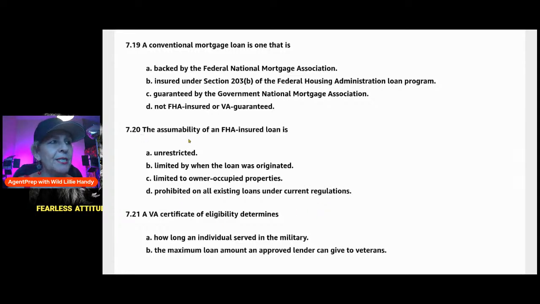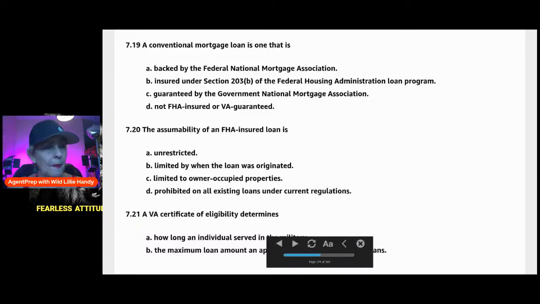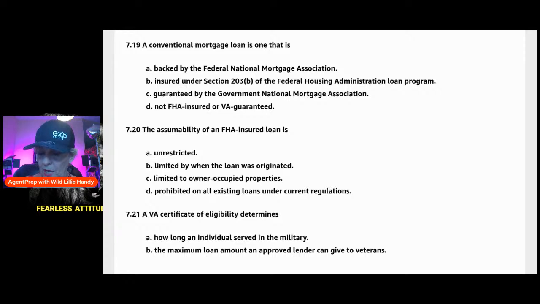Number 20. The assumability of an FHA loan, FHA insured loan, because remember, FHA is insured, VA is guaranteed, is: A, unrestricted. B, limited by when the loan was originated. C, limited to owner-occupied properties. D, prohibited on all existing loans under current regulations. Type your answer in the chat.